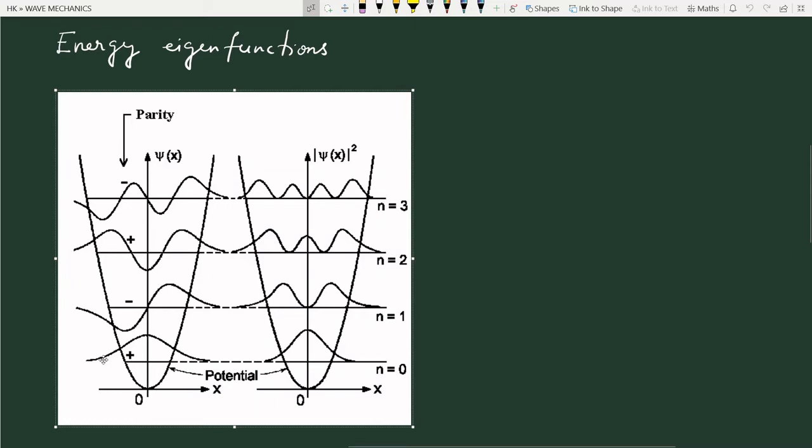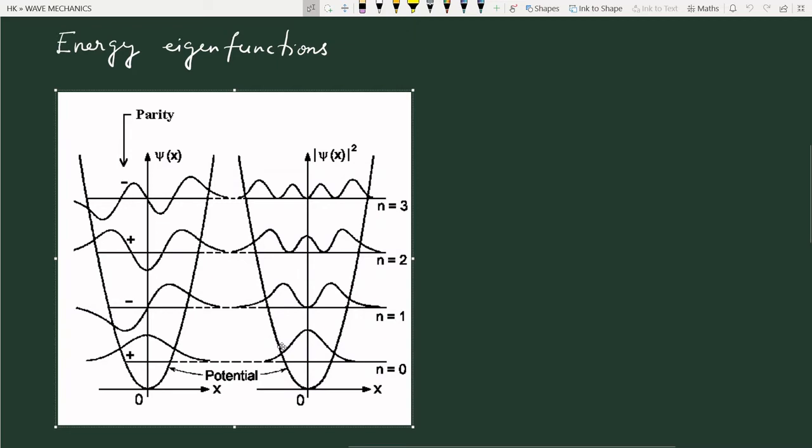The left hand side gives the wave functions, let us say psi 0, psi 1, psi 2, psi 3, etc., and the right hand side gives the corresponding probability densities: psi 0 square, psi 1 square, psi 2 square, psi 3 square, etc. We can see both positive and negative amplitudes in the wave functions, whereas there are only positive amplitudes, the squares of the amplitudes, in the probability densities. Now we will see the other details soon.